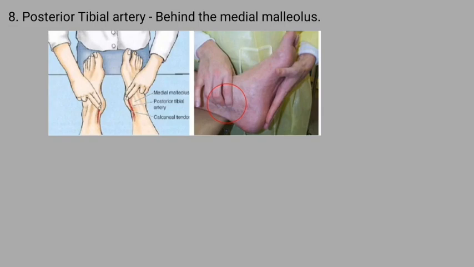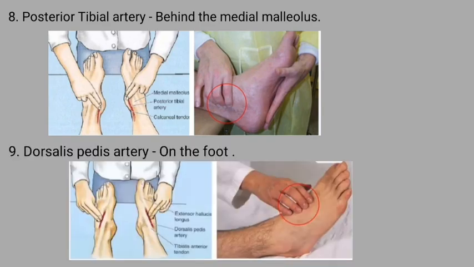Posterior tibial artery is located behind the medial malleolus. Then ninth artery, dorsalis pedis artery. Dorsalis pedis artery is located on the foot.